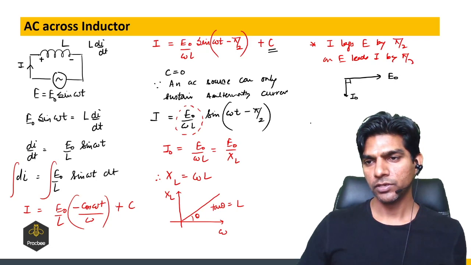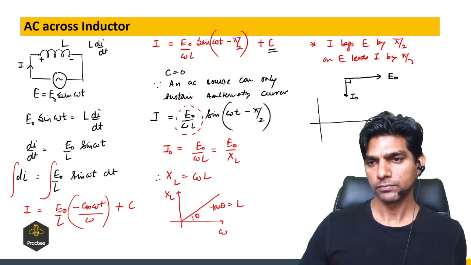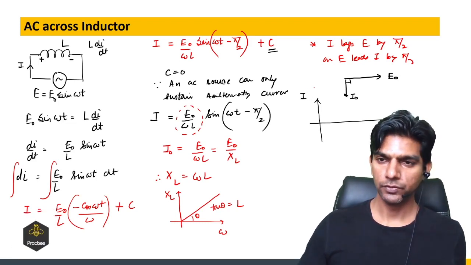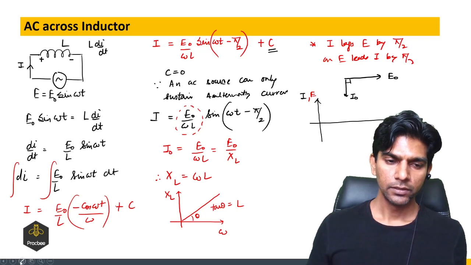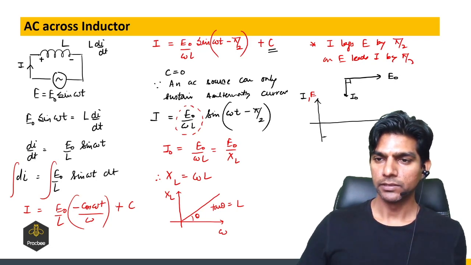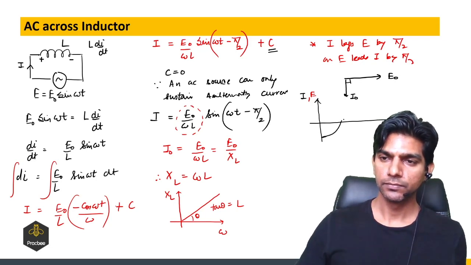So if we show this on a graph, I with black and the voltage with red. If I show the current, the current is like this, right? Negative cos.